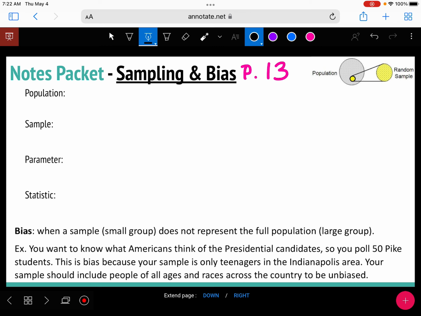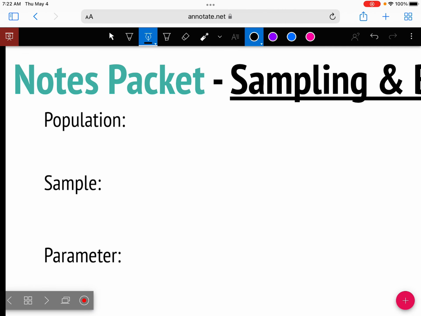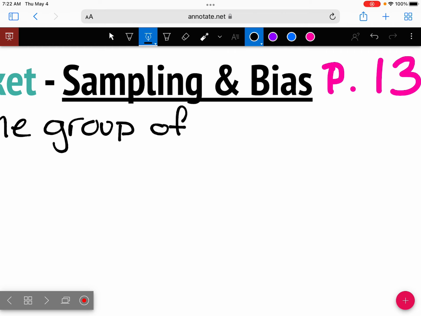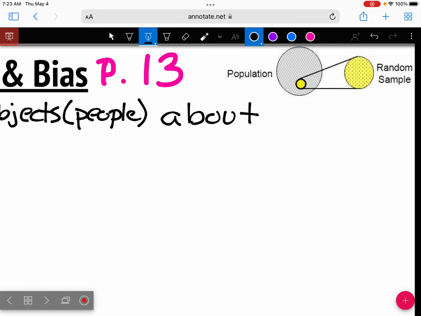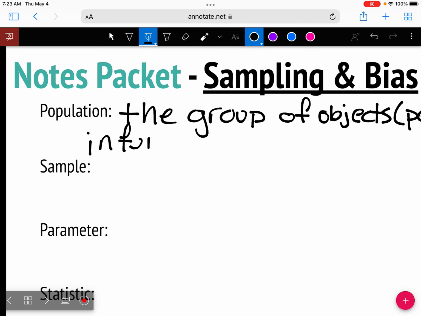So our population is the group, and we usually say of objects, but it also can be of people, about which information is desired.